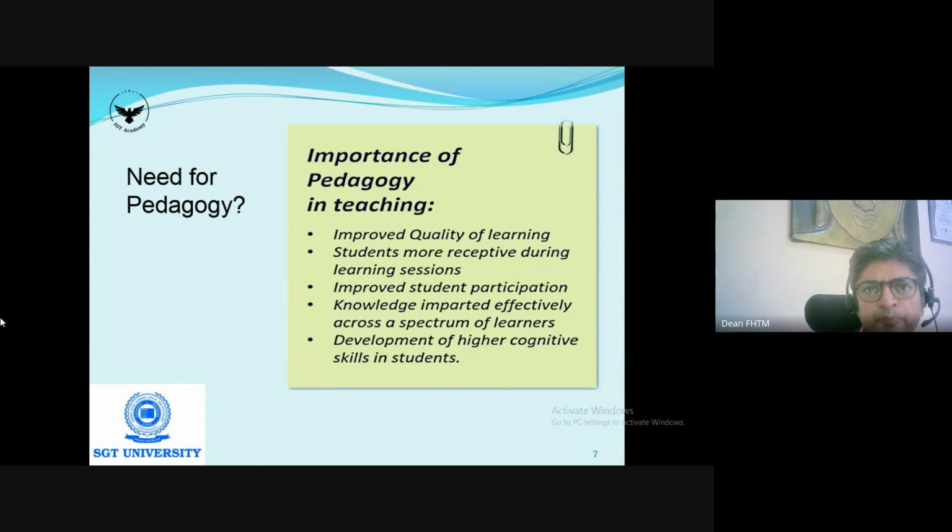You can approach and address them collectively, and still manage to transfer knowledge to each one of them in a different way. Development of higher level cognitive skills in the learners. So these are some of the basic importance of pedagogy in teaching.